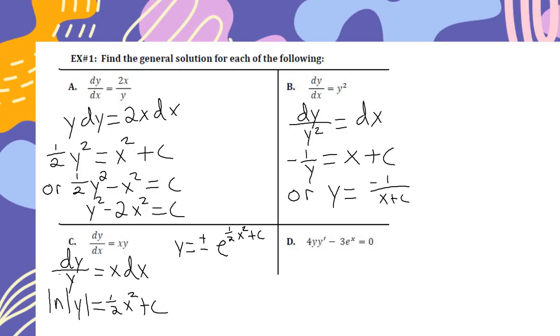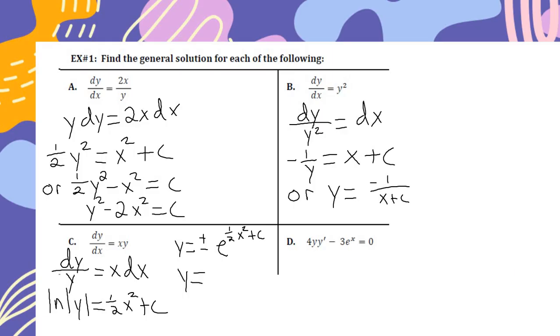But is that how we tend to actually write it? No, because remember my exponent rules tell me that if I am adding two things in the exponent, I could also write that as multiplication. So I would have e to the 1/2 of x squared times e to the c. But e to the c is still just a constant, and plus or minus a constant is still just a constant.